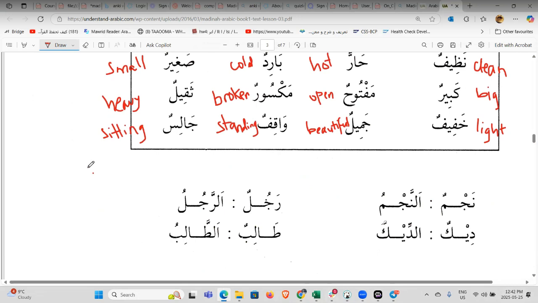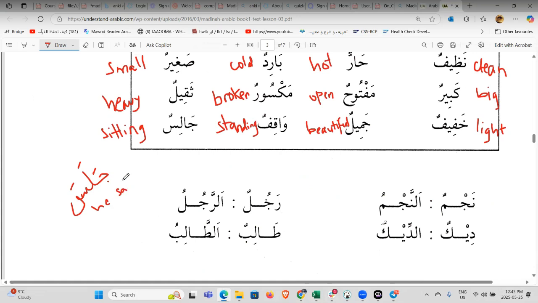In Arabic, we usually have verbs. For instance, jalasa. From this verb, we form multiple words. Jalasa, he sat.